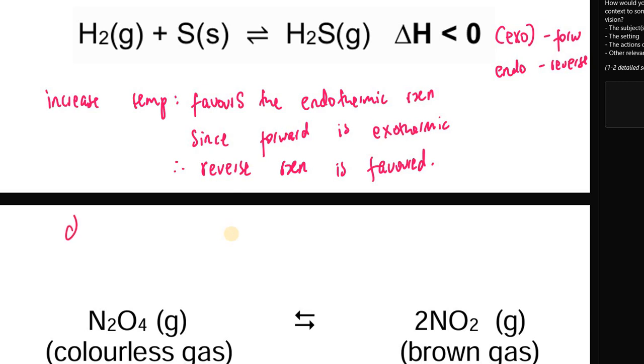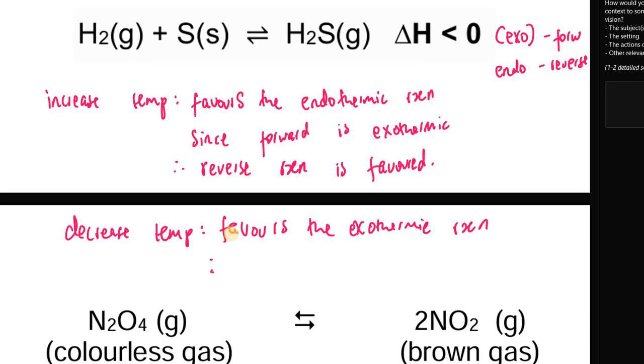And then what about if we decrease temperature? If you decrease temperature, you're going to favor the exothermic reaction. Now since we are favoring the exothermic reaction, therefore the forward reaction will be favored.